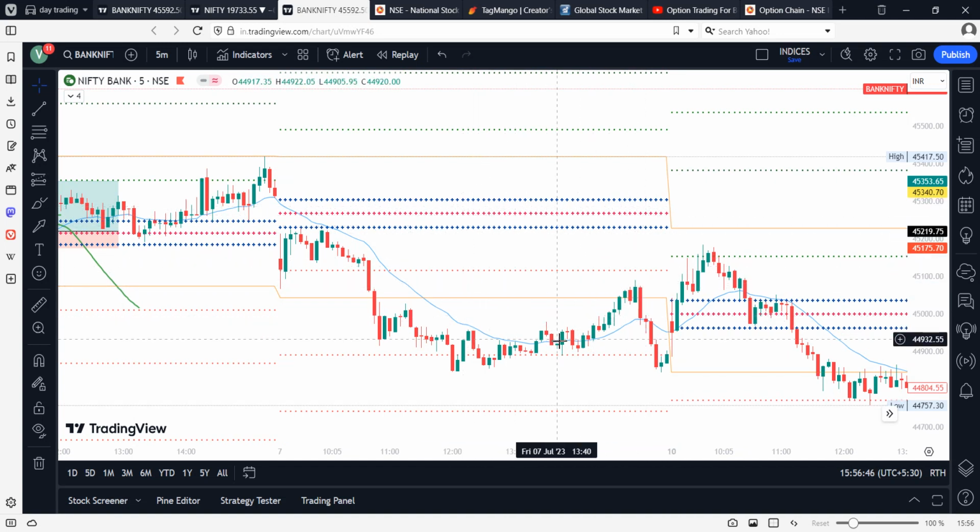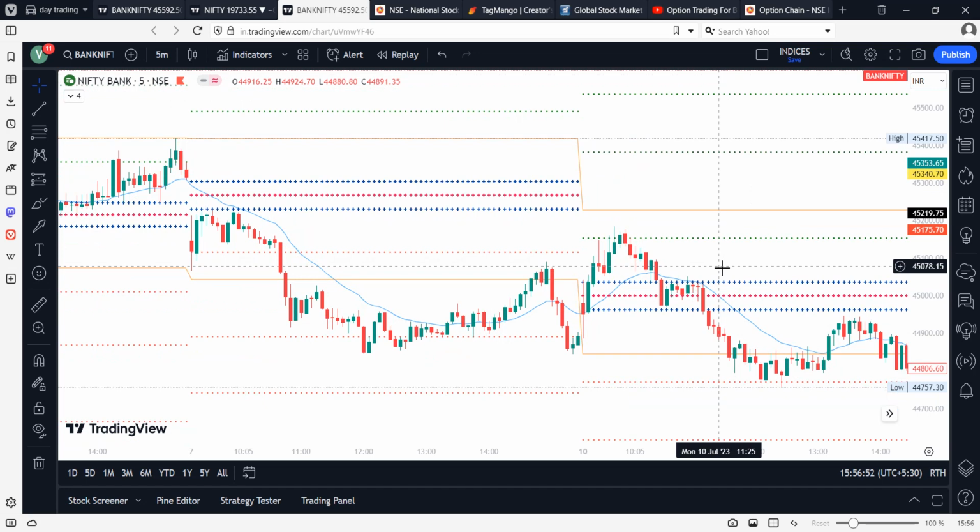What we have to do? We have to stay at the CPR with the bearish view. Okay, with the bearish view. Those who want to take the trade at the CPR, I told you that it has to close below the CPR, and then you can enter the markets. Your target is this.